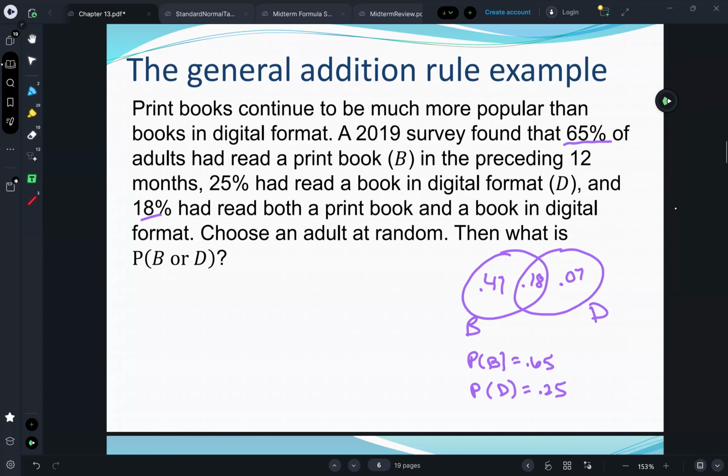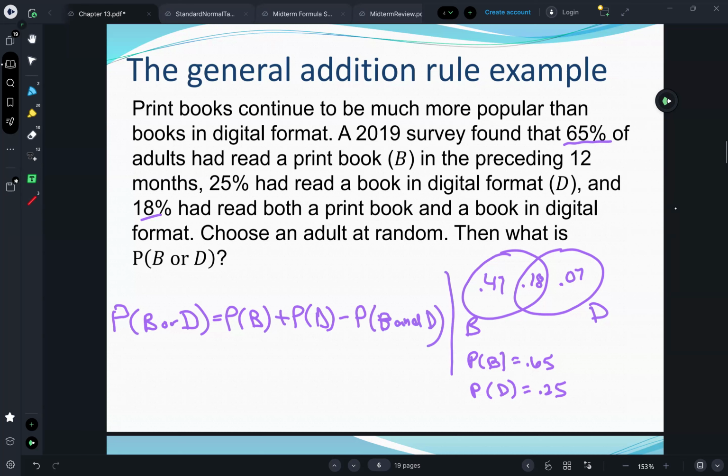And then we want the probability of B or D, which equals the probability of B plus the probability of D. And we need to subtract the intersection, because we don't want to count them twice, which equals 0.65 plus 0.25, subtract 0.18, which gives us, you can work that out.